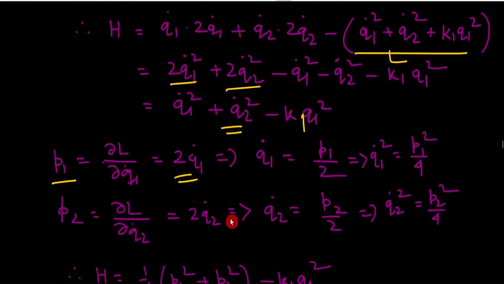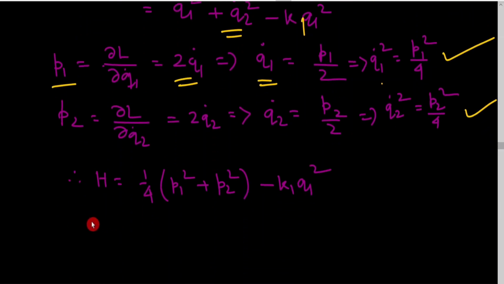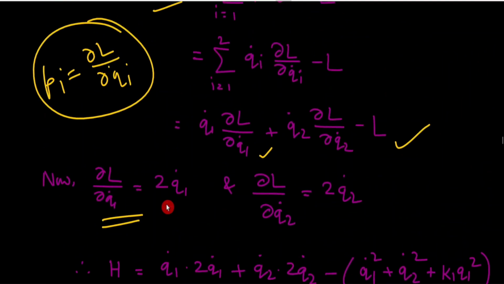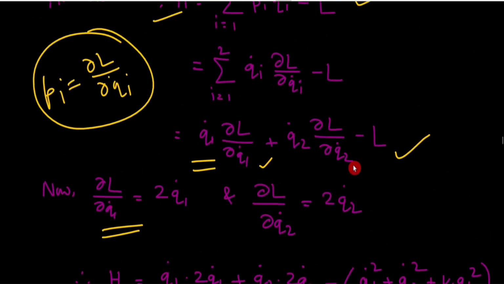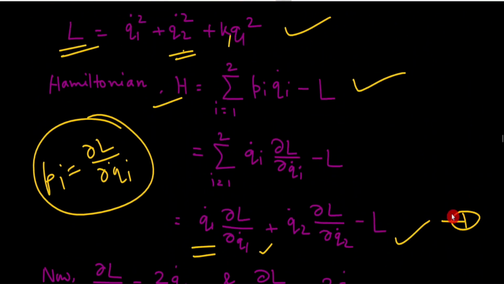So we have to find the values of q1 dot and q2 dot in terms of the generalized momenta. So q1 dot equals p1 by 2. This implies q1 dot square equals p1 square by 4, and similarly q2 dot square equals p2 square by 4. Therefore the Hamiltonian, we put the values of q1 dot, q2 dot and del L del q dot into the above equation.